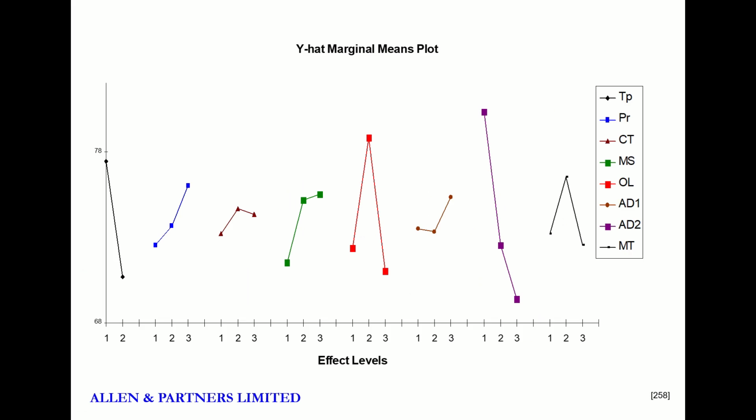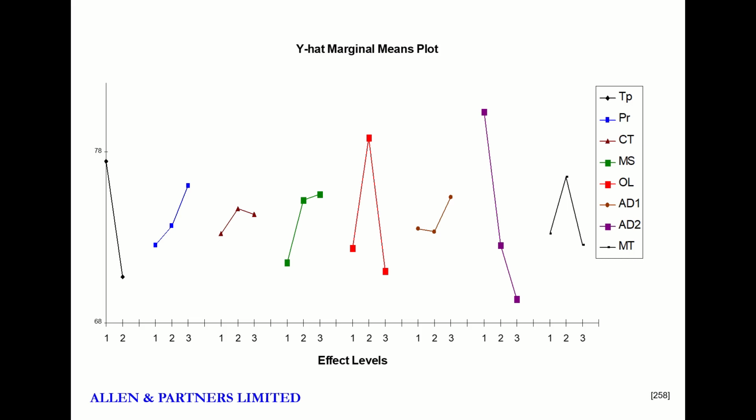I've therefore got 8 individual graphs. Each one of these lines represents the response that we got when we moved the variable from its low, middle to high setting. You can see that, in order to screen, we're looking for the biggest signals.